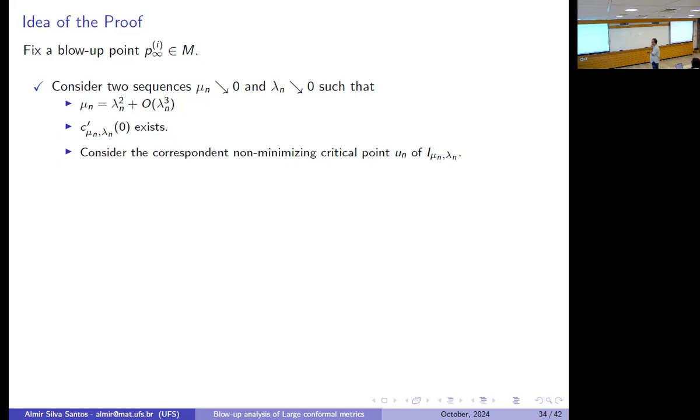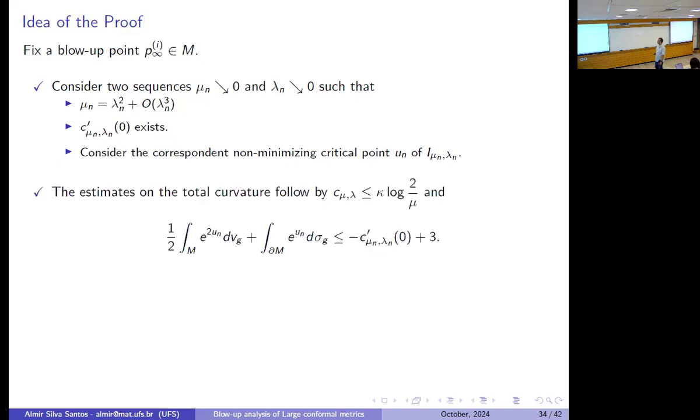I will not explain this in detail, but we first choose that this derivative exists, and we consider the corresponding non-minimized critical point u_n that we found before.